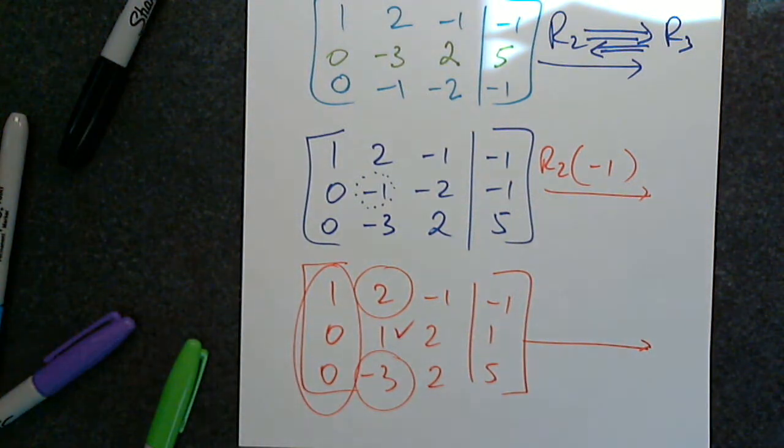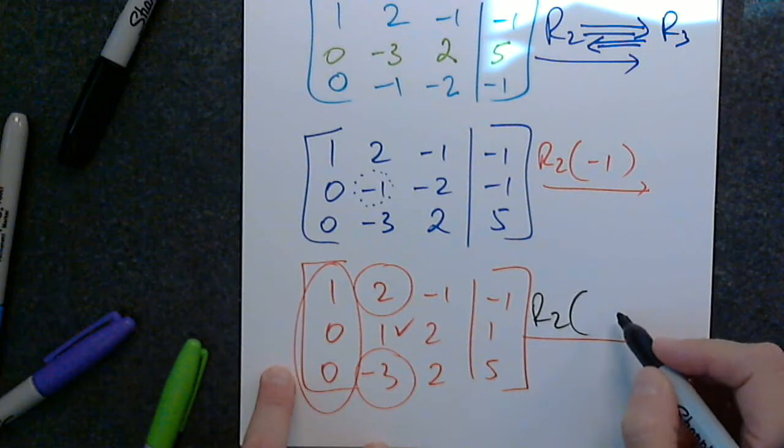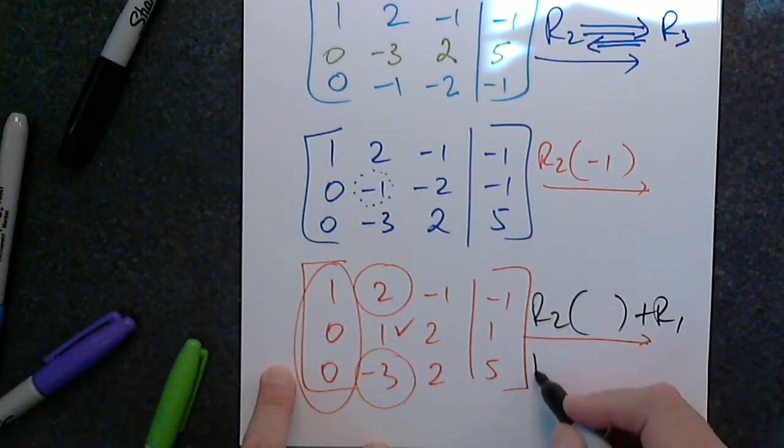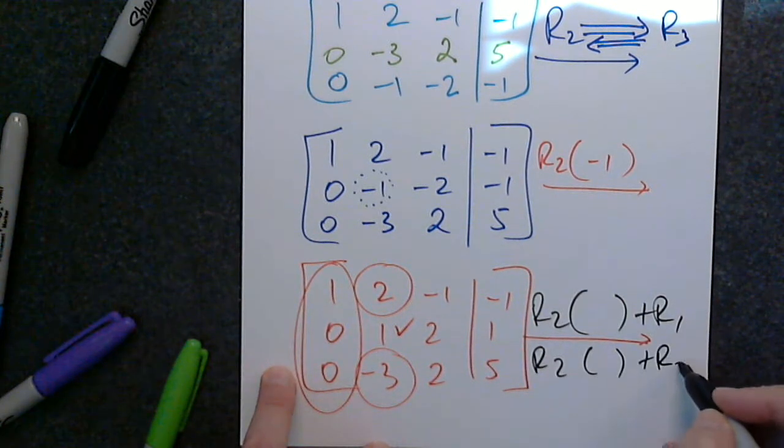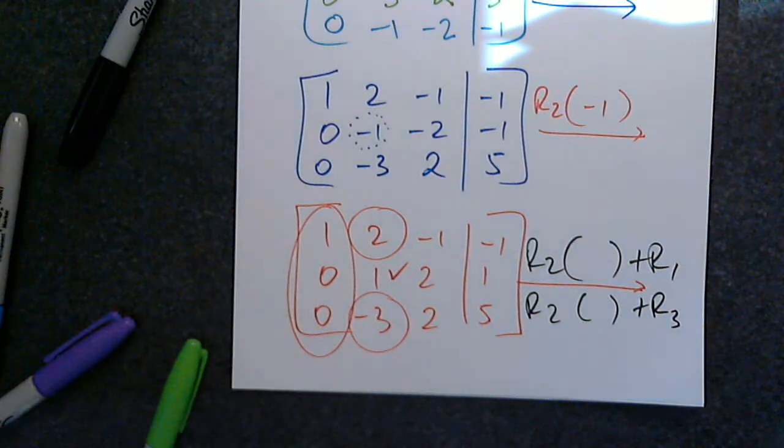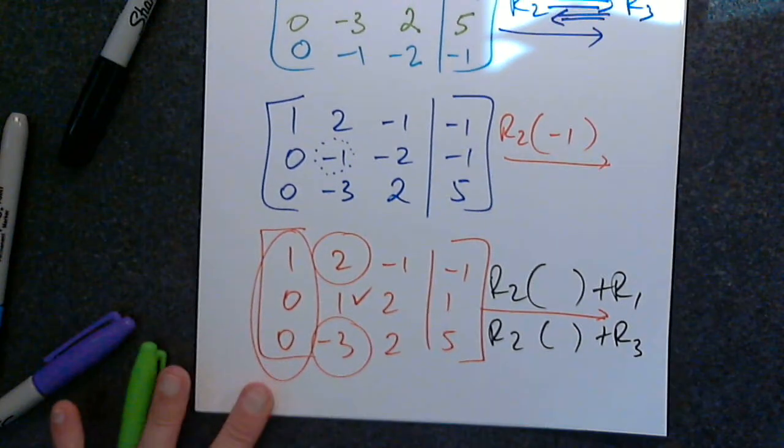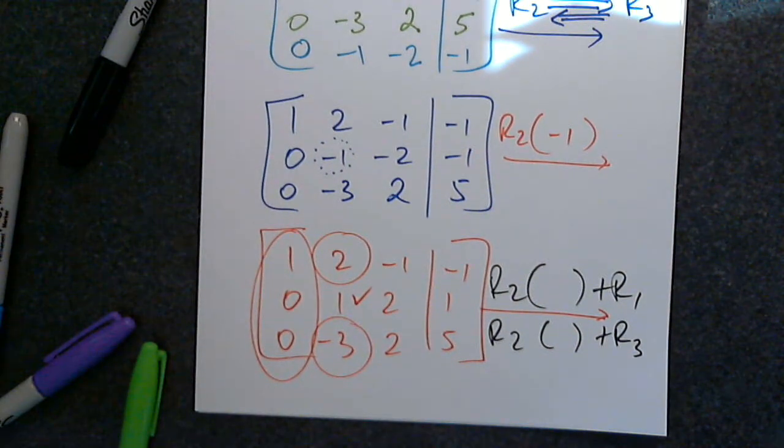Which row do I need to use next? In the next step, which row needs to be used? Row 2. So I will be using row 2 twice and add it to row 1 and row 2 and add it to row 3. And I'm ready when you are.